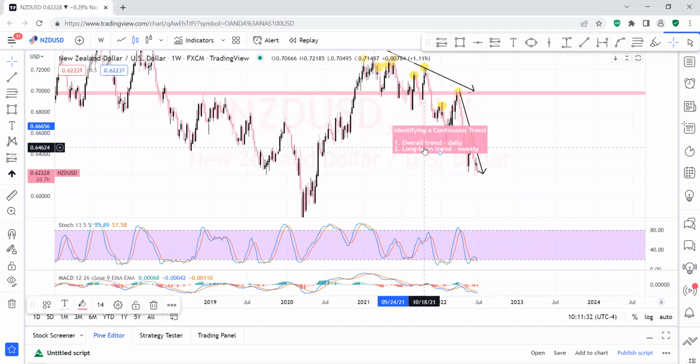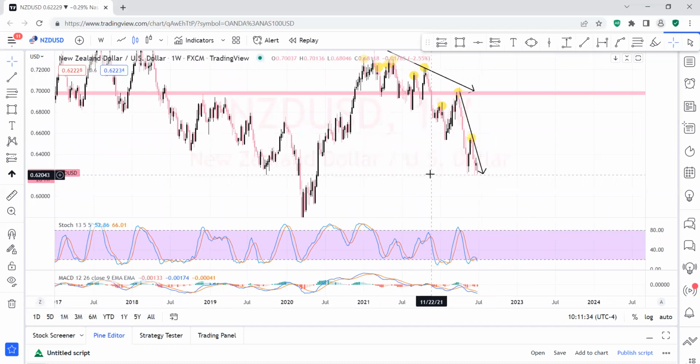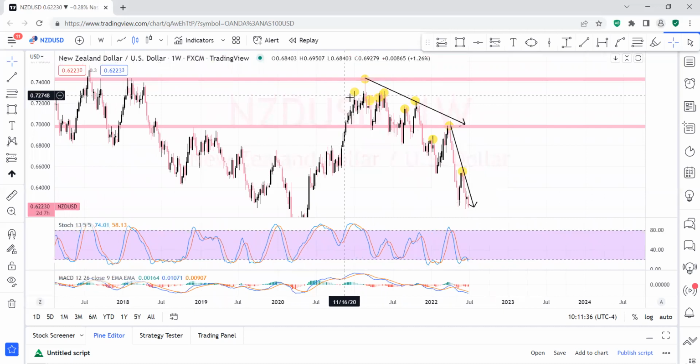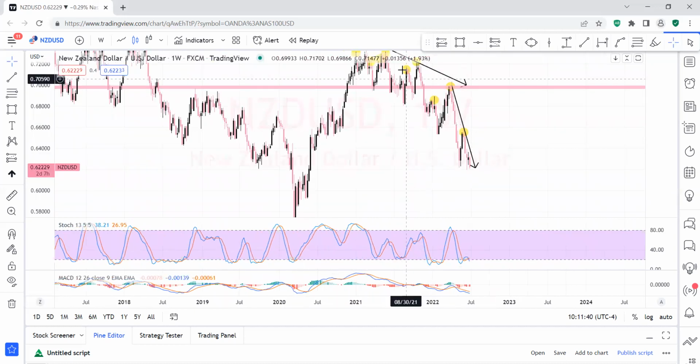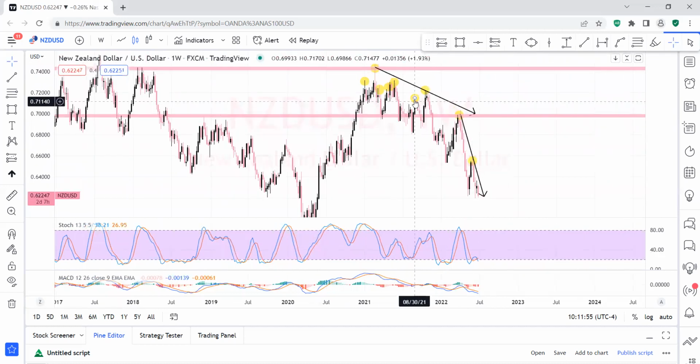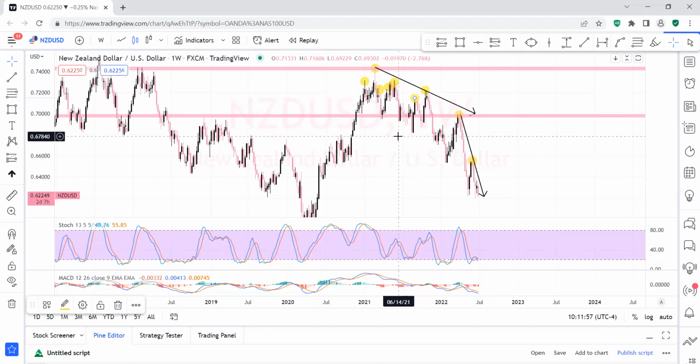And I'm going to delete this. You guys, make sure you just pause it to get your notes. It was very small. But now we're on the weekly, and whatever's happening on the weekly is going to let you know whether your trend is going to continue or not. So just to clean this up so there's no confusion, I am going to delete some of these yellow dots just to clean this up a bit.